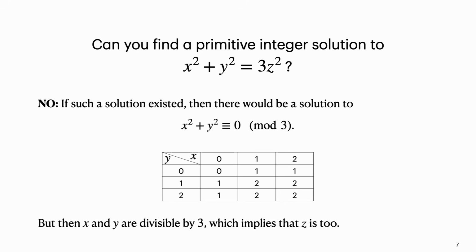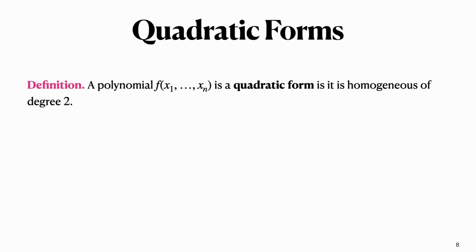So that tells you that x and y both need to be divisible by 3. But then you can factor out a 3 squared from both x squared and y squared, and you only have one 3 on the other side. So that means that 3 also needs to divide z. So 3 will divide all of the numbers, and that's impossible because we are asking for primitive solutions. So the answer is there is no primitive solution to this. Very similar equation, but we don't have it.